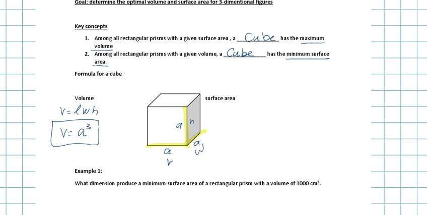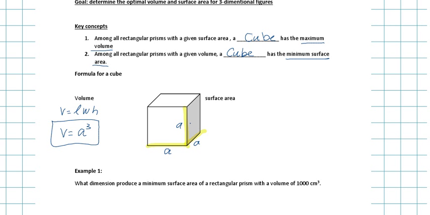When it comes to a cube, on the other hand, what do I have? 6 faces, and the 6 faces are exactly the same area, right? What's the area of this face? A times A, which is A squared.